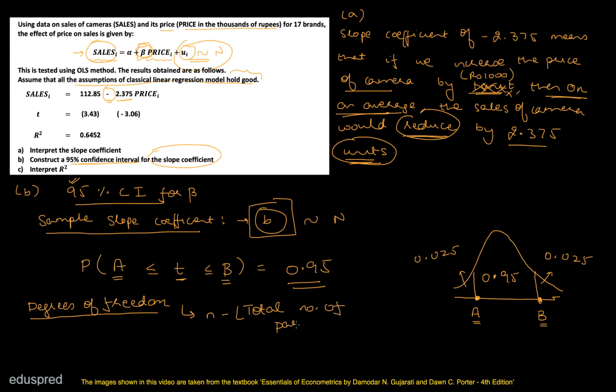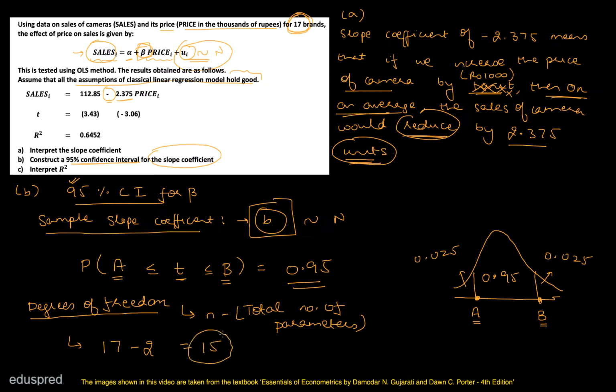So n minus the total number of parameters that you have in the model. In this case, n is 17. And the total number of parameters that I have in the model is 2. The first parameter is alpha and the second parameter is beta. That means the degrees of freedom is going to be 17 minus 2, equal to 15.